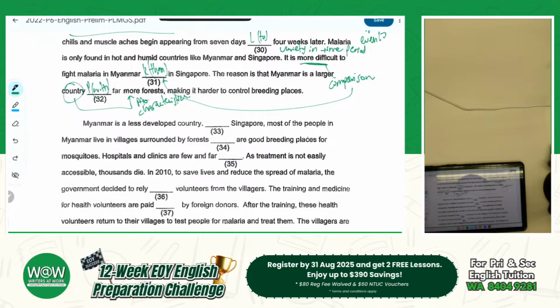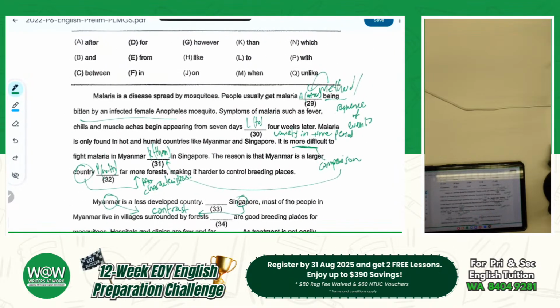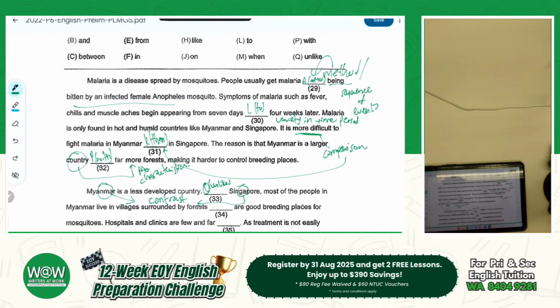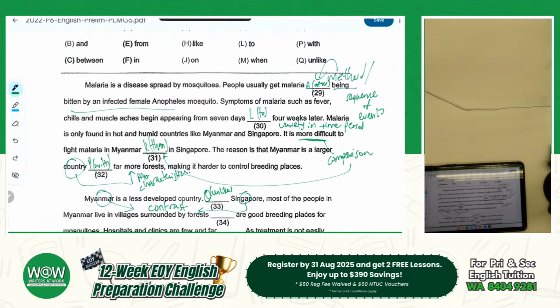Myanmar is a less developed country dash Singapore. So we are looking at how there's a contrast in terms of the development status. And Singapore is the polar opposite of Myanmar. So the answer here would be unlike Singapore. The people in Myanmar live in villages surrounded by forests. Dash are good breeding places for mosquitoes.